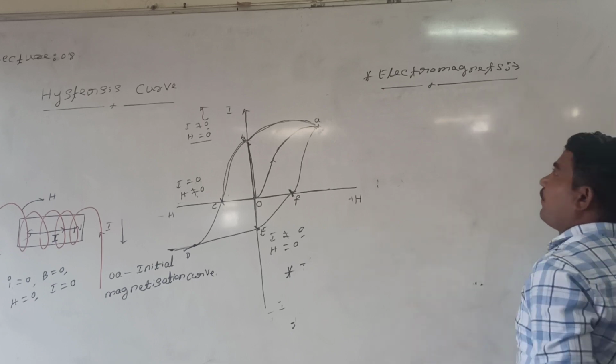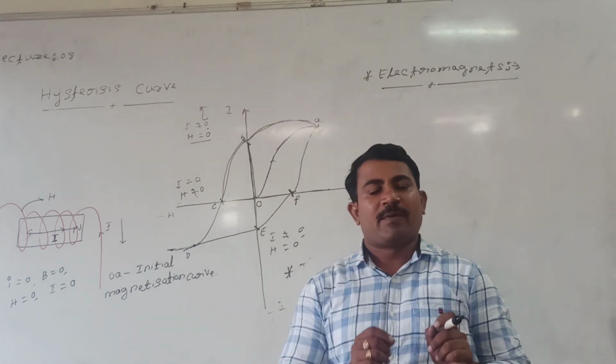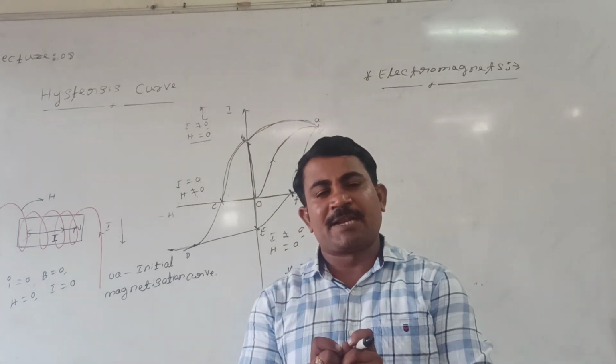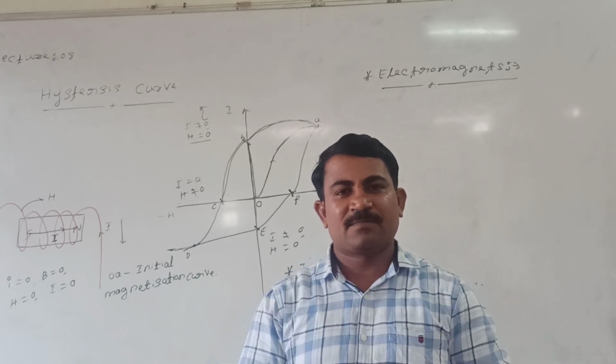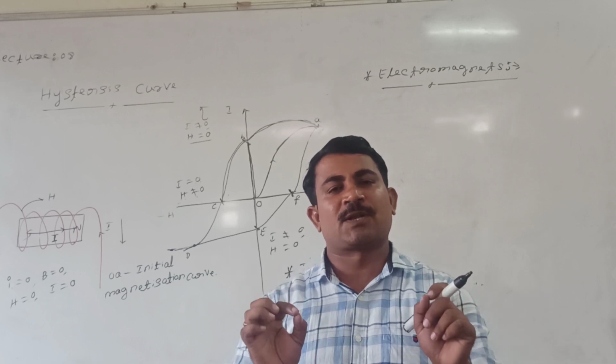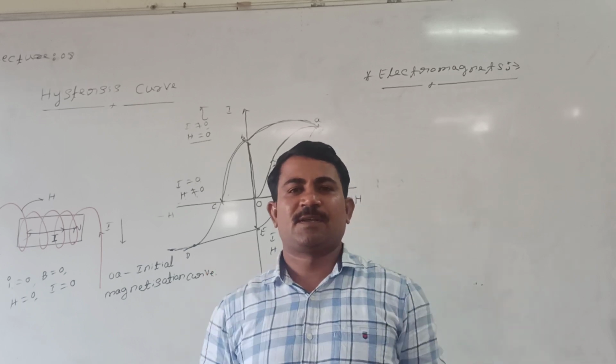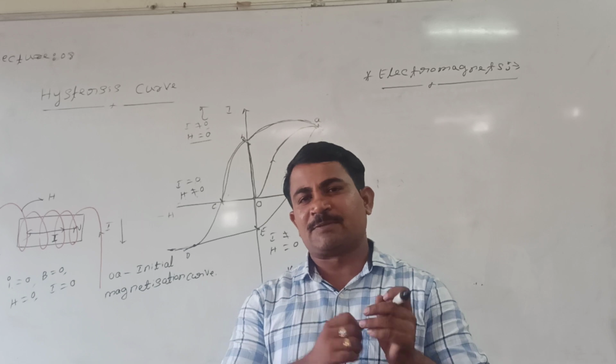See here. What are electromagnets? When a ferromagnetic material is placed in a current carrying solenoid, it acts as a temporary magnet. Those are called electromagnets. For an electromagnet, there must be conditions.